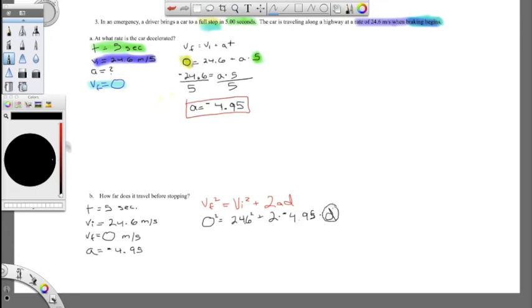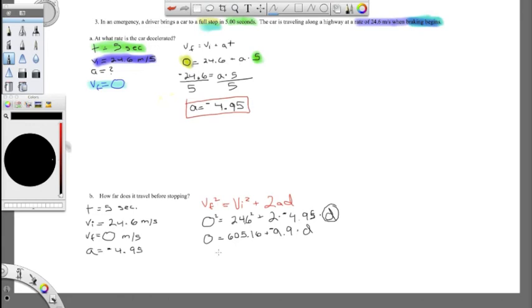Now, first we're going to do the exponents, get those out of the way, so 0 squared is just 0, 24.6 squared will be 605.16 plus 2 times negative 4.95, which is negative 9.9, times the distance, which we don't know.